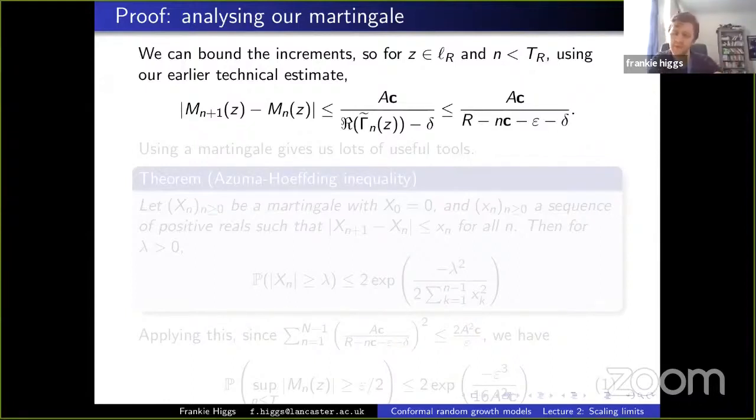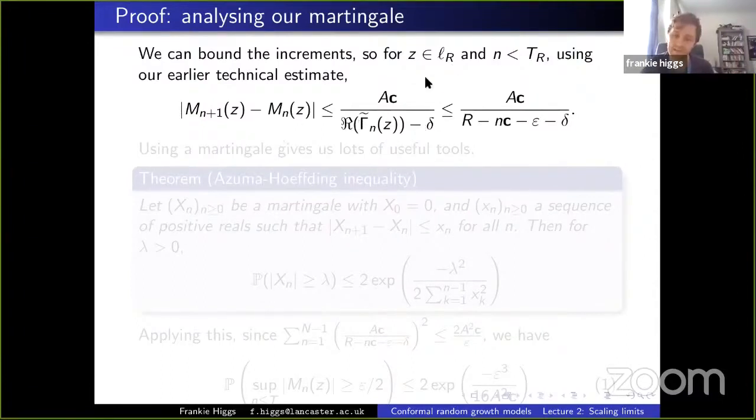In particular, one thing we know is that if we can bound a martingale's increments, then we can use the fact that it's a martingale to bound the martingale itself, or its supremum, much more effectively than just as the sum of the bounds on its increments. Let's first see what bounds on the increments we have.